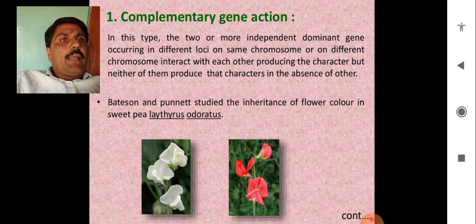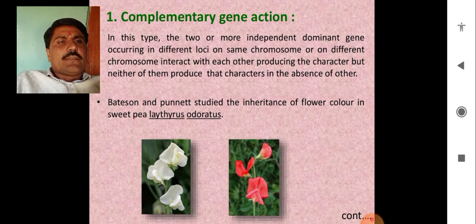Two or more independent dominant genes occurring in different loci, on the same chromosome or on different chromosomes, interact with each other producing the character, but neither of them produces that character in the absence of the other.